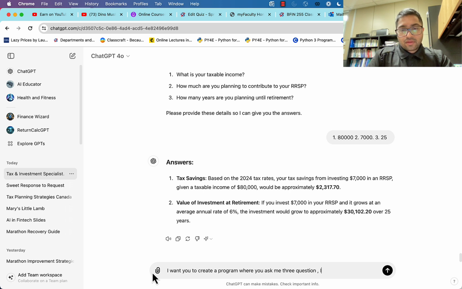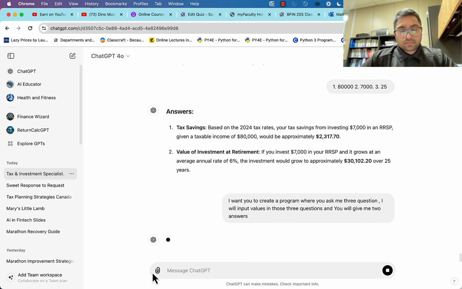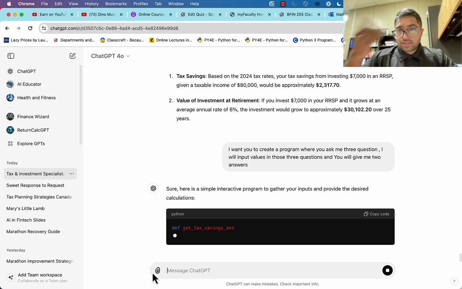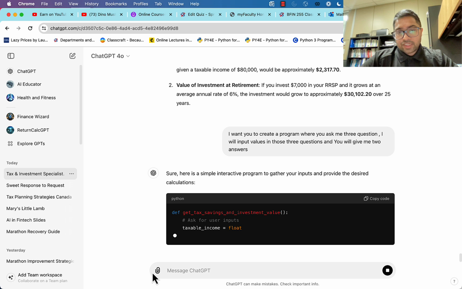I will input values in those 3 questions and you will give me 2 answers. So it's coding now, so you don't need to code. It created a function. It created the function in Python.